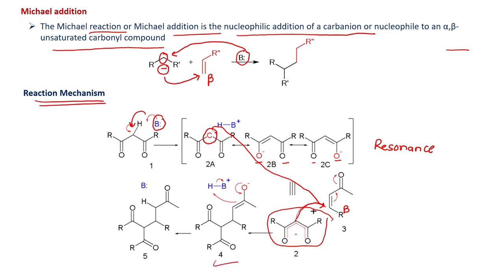From product 4, this carbon abstracts hydrogen and you get compound 5. So this is the Michael addition reaction.